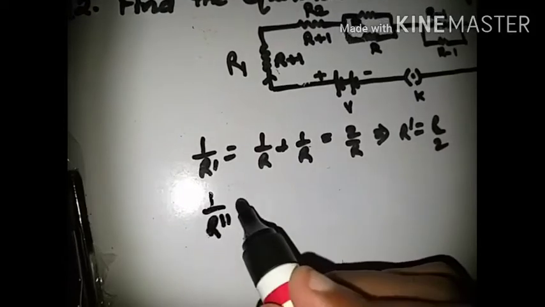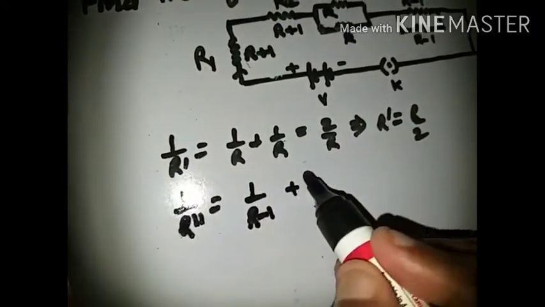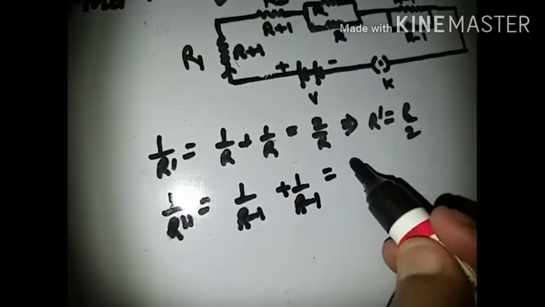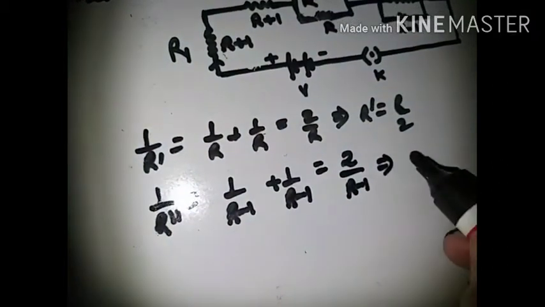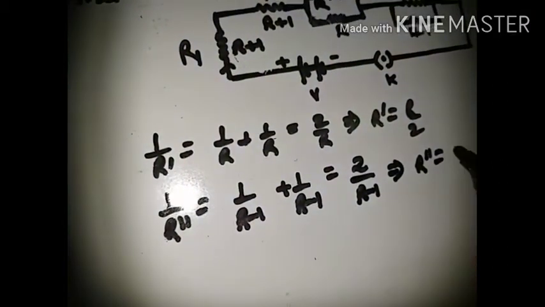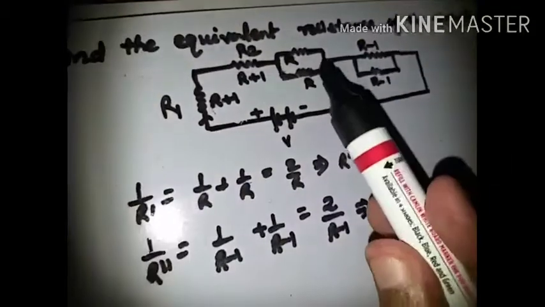Going for the second branch, it becomes R minus 1 by 2.